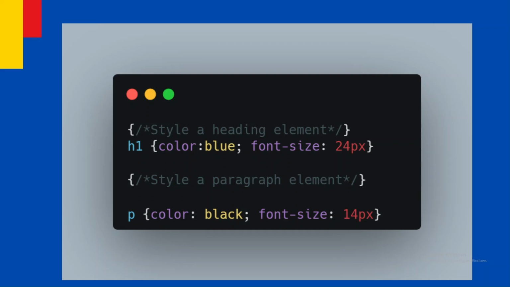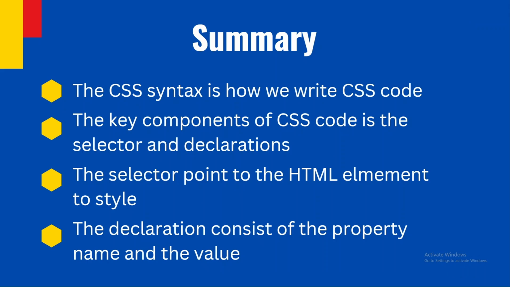So what have we learned in this lesson? Well, CSS syntax is how we write our CSS code so we can style the elements on our web page. Now you need two key components in your CSS code to style any HTML element.